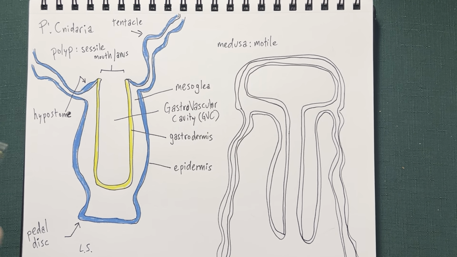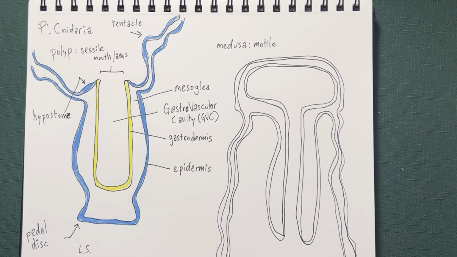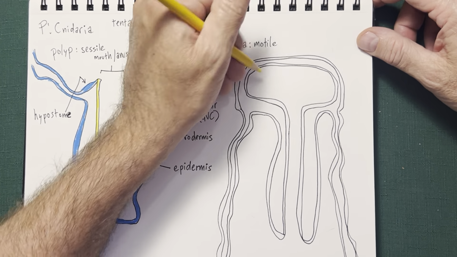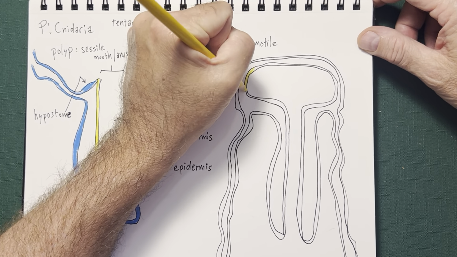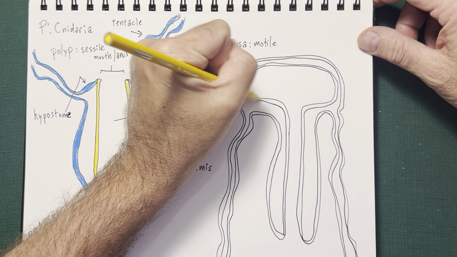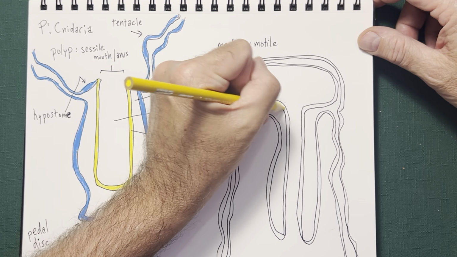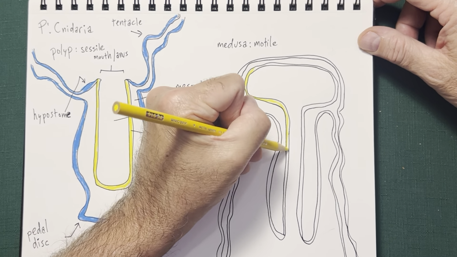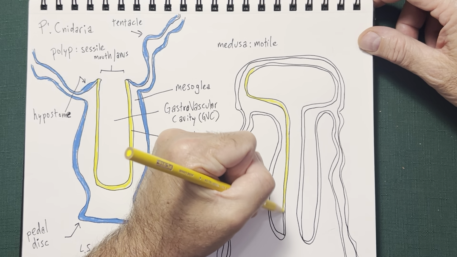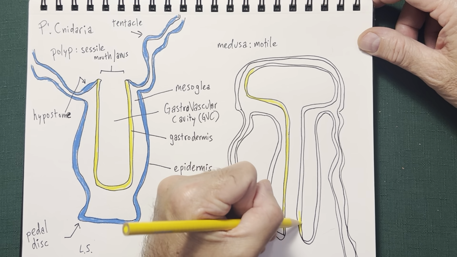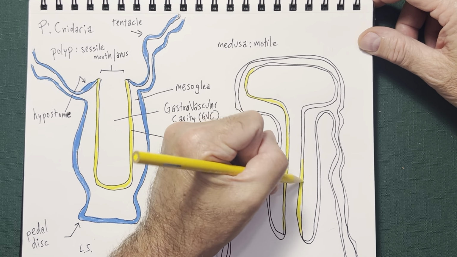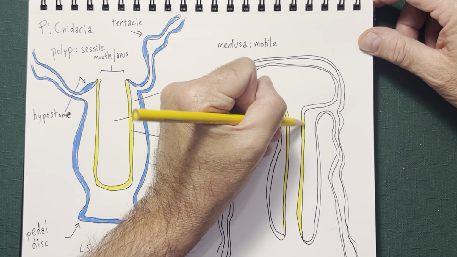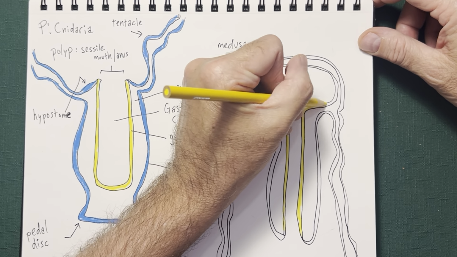All right. Okay, so now, once again, we've got gastrodermis, which is going to be lining our gastrovascular cavity, our GVC. Go ahead and color that in, same color. You don't have to use blue and yellow.